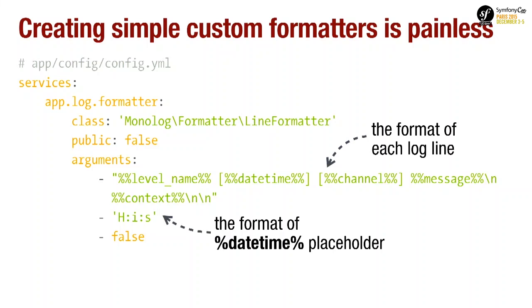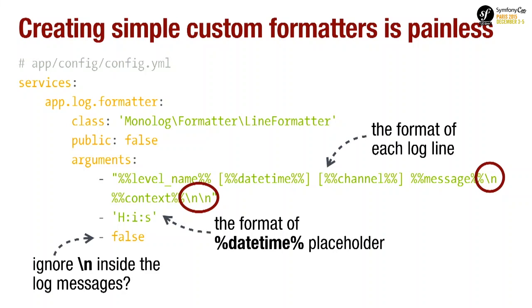In this case, we are removing the day, month, and year, and we're only letting the hour, minute, and second. And if you look closely here, you'll see some new lines, which usually are wrong, but in this case may help us understand better the log file.